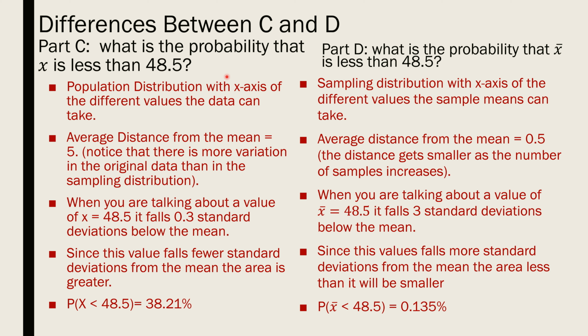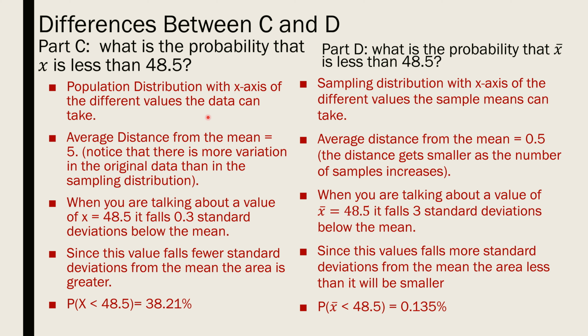Let's compare the last two questions side by side. Notice the difference between the last two questions is we're asking either x is less than 48.5 or x bar is less than 48.5.